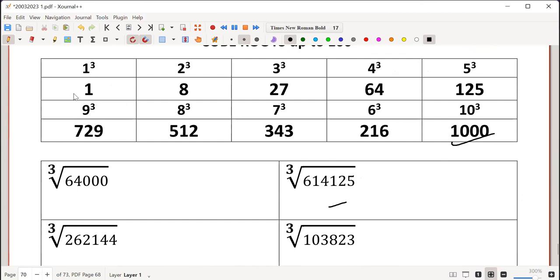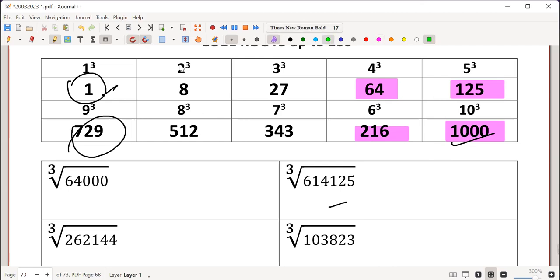If you could see, 1 ends in 1, 9 also ends in 9. 4 ends in 4, 6 ends in 6. 5 ends in 5, and 10 ends with 0.